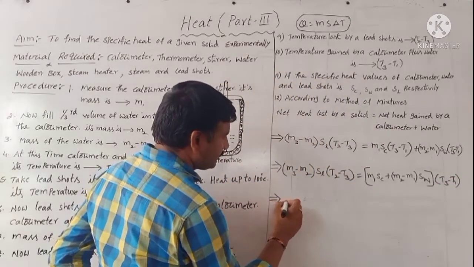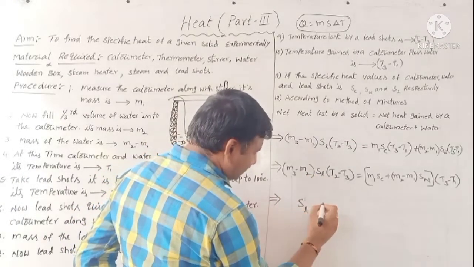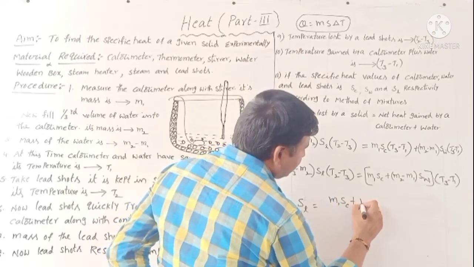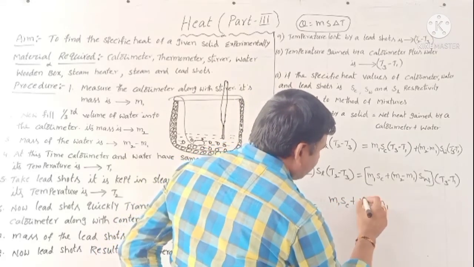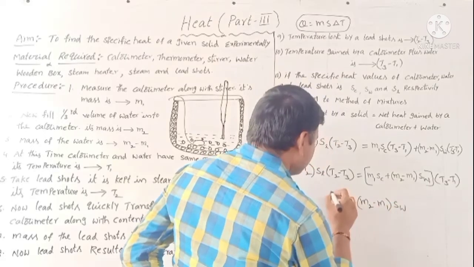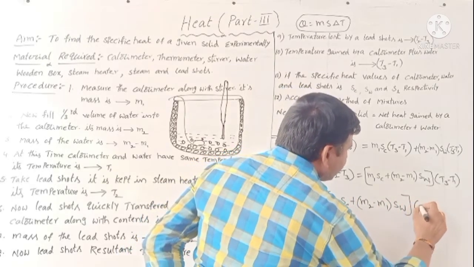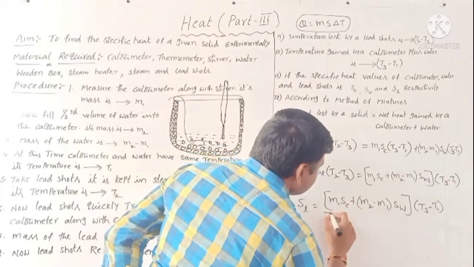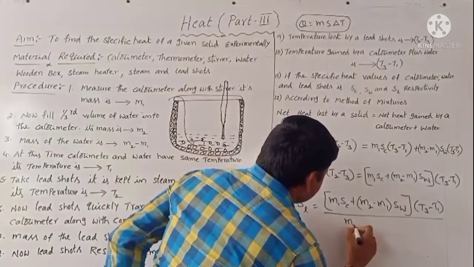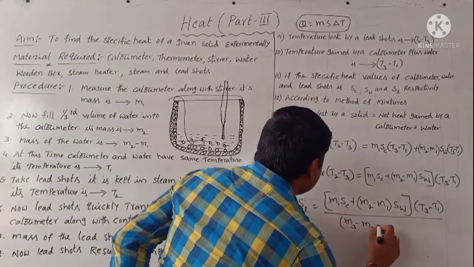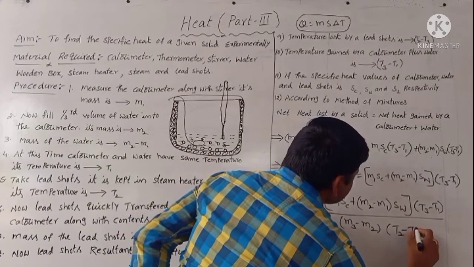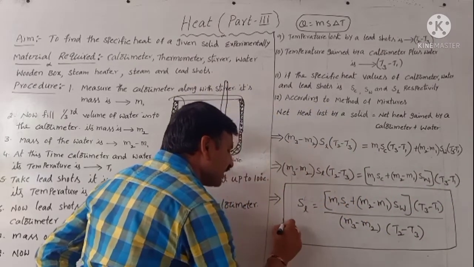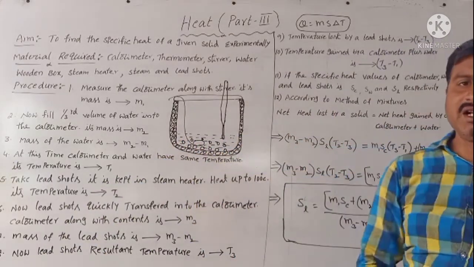After that, SL is equal to M1 SC plus M2 minus M1 into SW into T3 minus T1, taking the terms to that side, divided by M3 minus M2 into T2 minus T3. It is the formula of specific heat of a given solid experimentally.